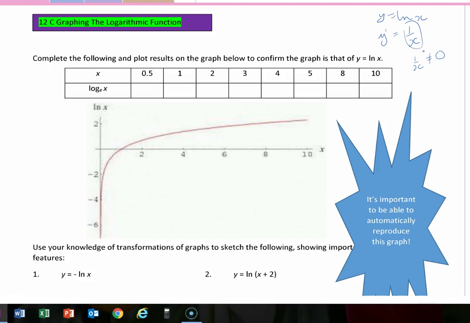That's not to say that the graph of y equals log of x plus x squared or something like that could not have a turning point, because then we're adding more to this function. But just think about the log graph and its basic shape.